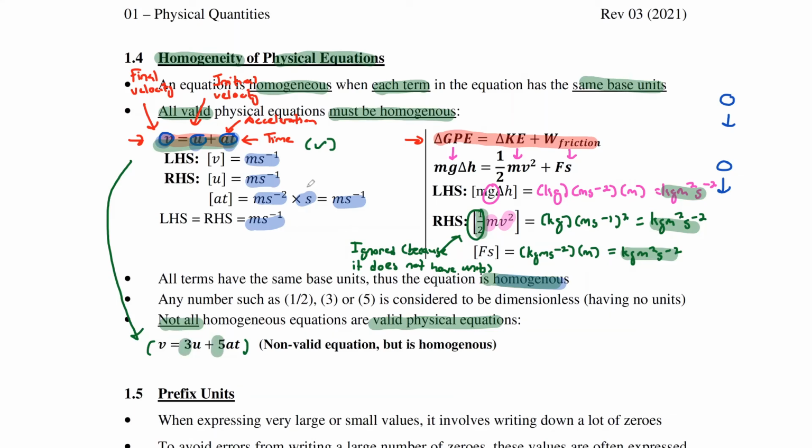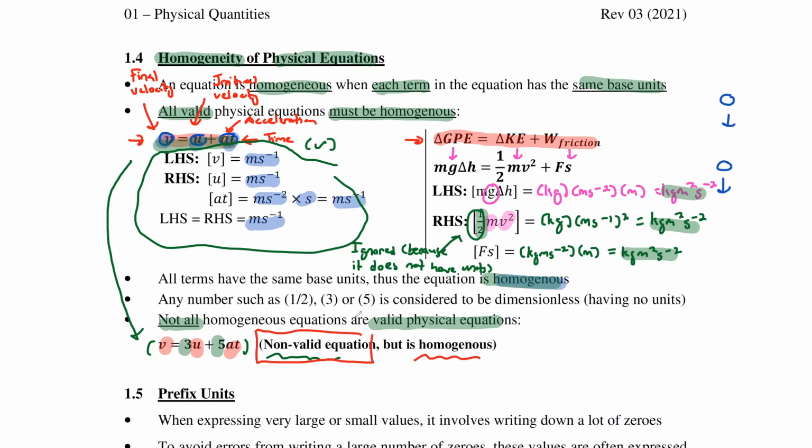Now, this equation would not be a valid equation, but if you were to try the analysis for the units as before, you will notice that your analysis will end up looking like this, because you're analyzing the same terms again. The conclusion that you then get from there is that the equation is actually homogeneous, but in this case, it is a non-valid physical equation.